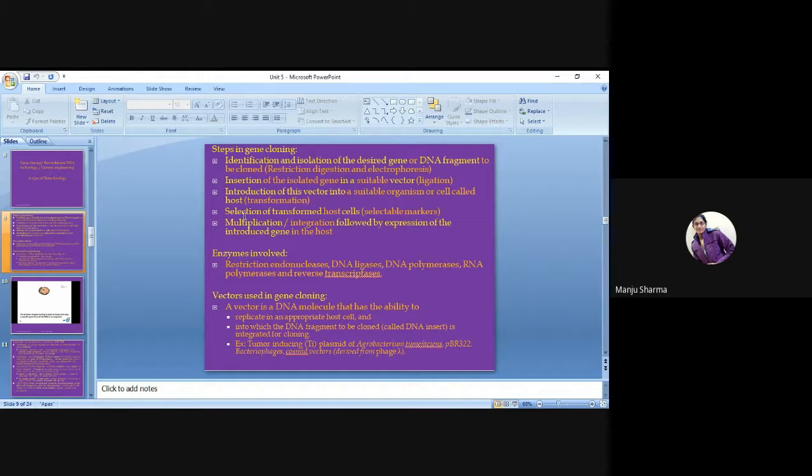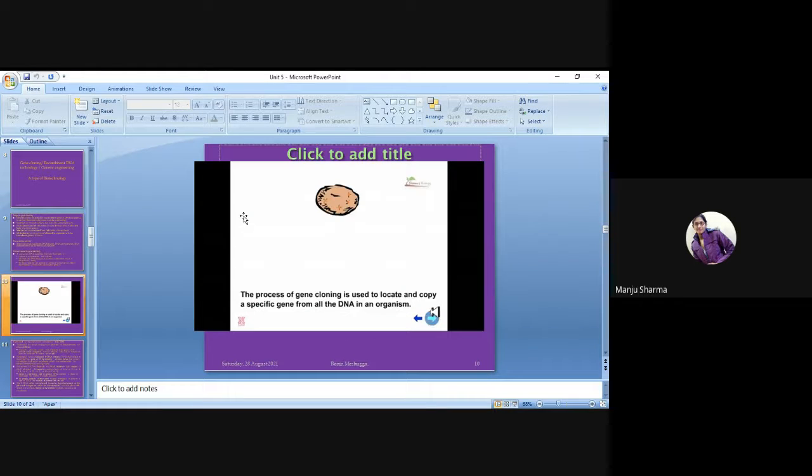Examples: tumor inducing Ti plasmid of Agrobacterium tumefaciens, pBR322, bacteriophages, cosmid vectors, and vectors derived from phage lambda. The process of gene cloning is used to locate and copy a specific gene from all the DNA in an organism.